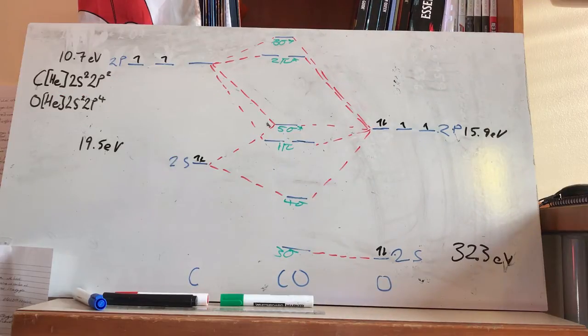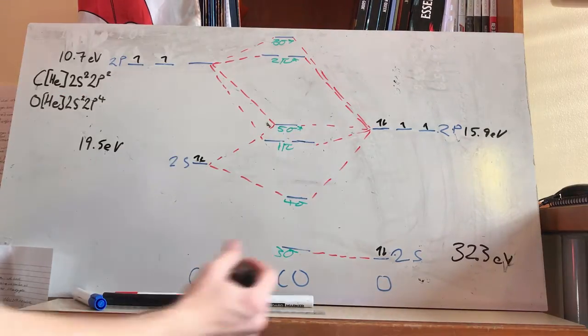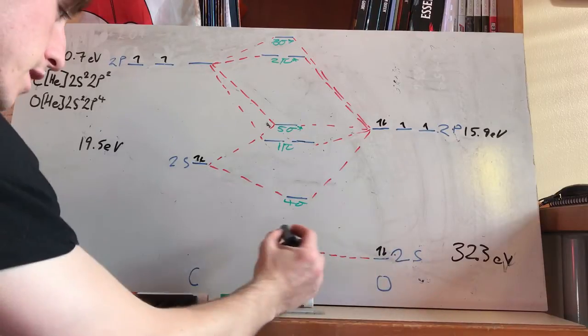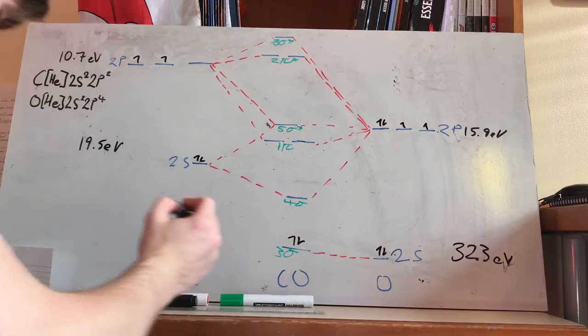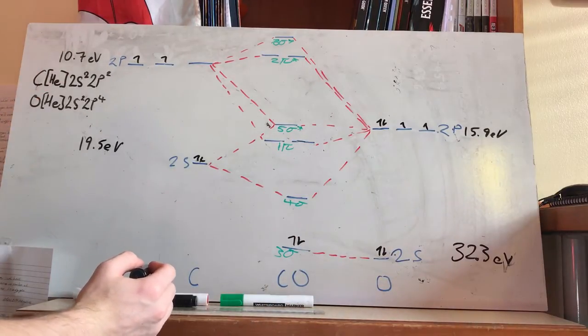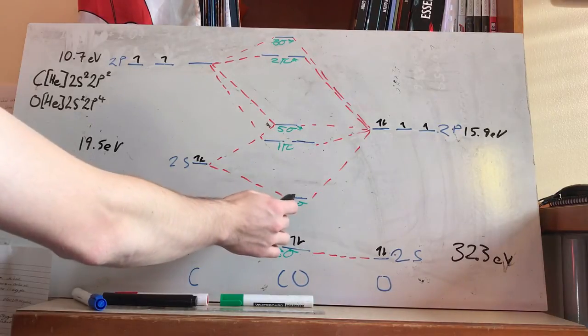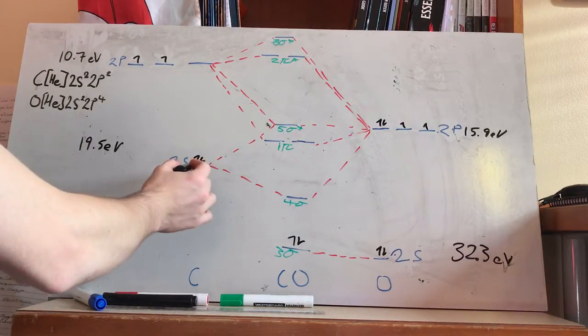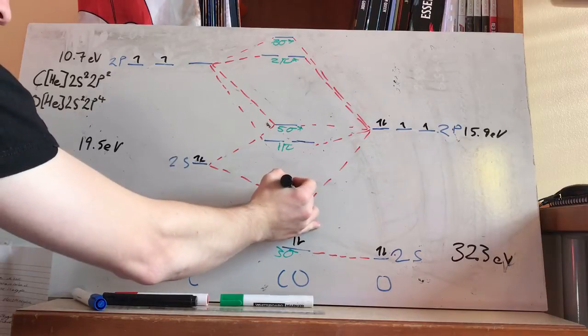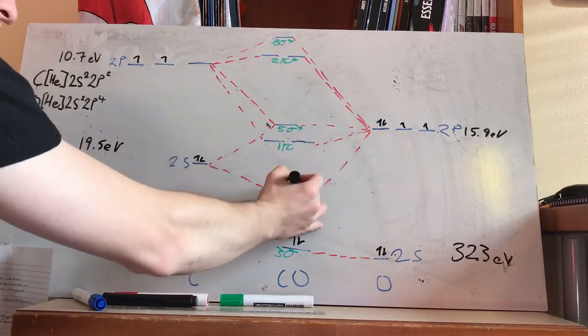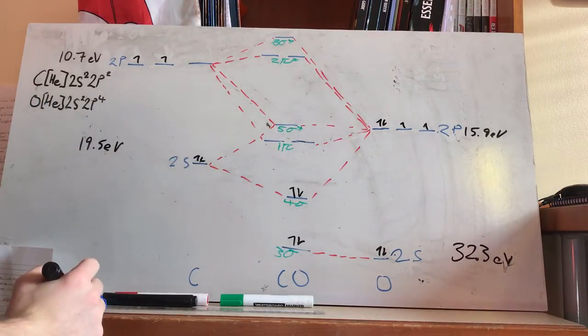The contribution to the 3 sigma bonding orbital is exclusively from the 2s of oxygen, 1, 2. The 4 sigma bonding orbital takes 1 electron from the 2s of the carbon and 1 from the 2p of the oxygen.